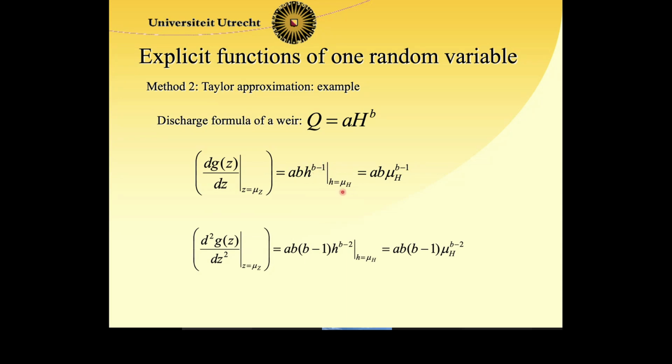And then evaluated at h equal to the mean, we get this guy here. If we then take a further derivative of this, we get a times b minus 1 h to the power of b minus 2. Again, evaluated at h equal to mu h, and this is the second order derivative.